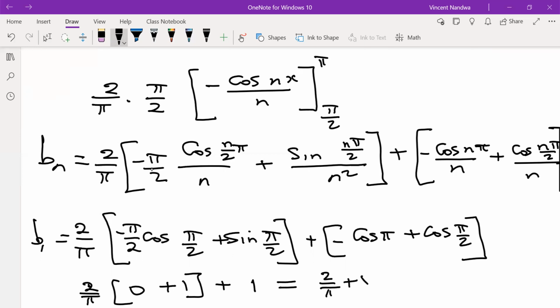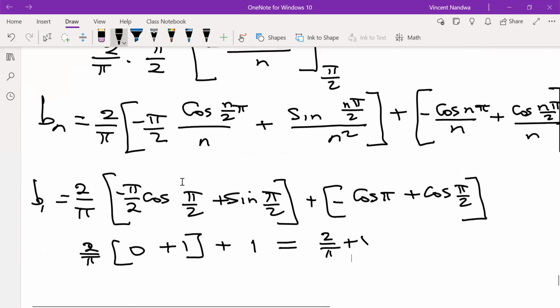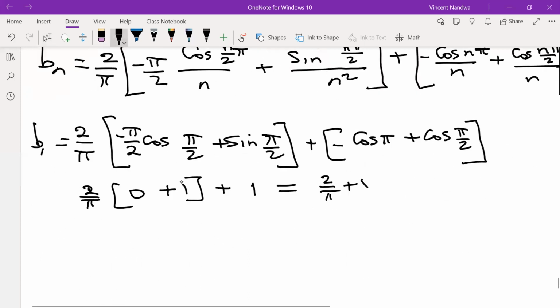Remember, cosine of pi is minus 1, so that's why I have positive 1. So this is the value of B1, which is 2 over pi plus 1.